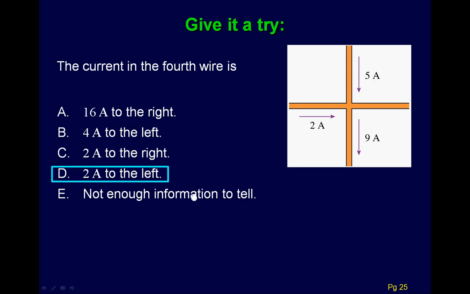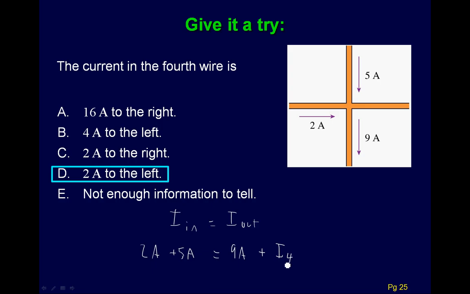If I do this, my current in equals my current out. If I look here, there's 2 amps coming in, plus 5 amps coming in. Now if I look over here, the current coming out would be 9 amps. I'm just going to guess that the current in my last wire, the 4th wire, is coming out.